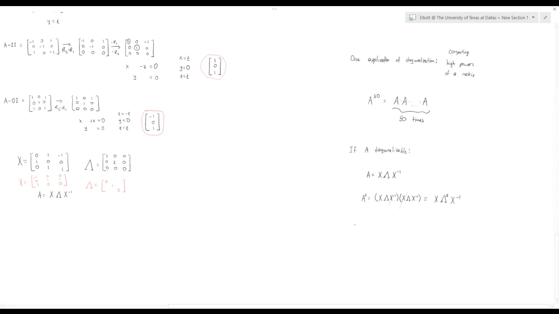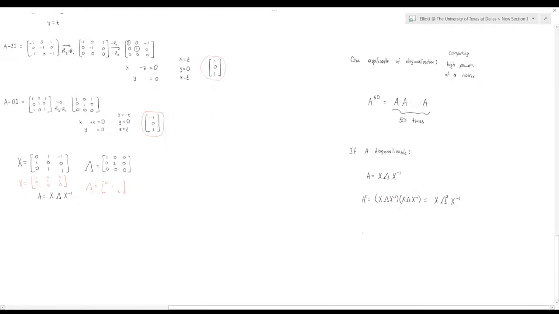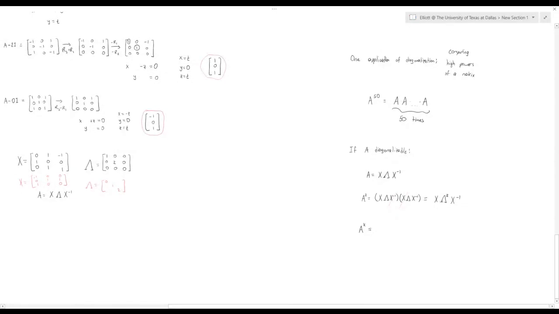And I did it with A squared, but you can generalize it, so A to any power k. If you work it out, it'll be X times Lambda to the k times X inverse in general, okay?